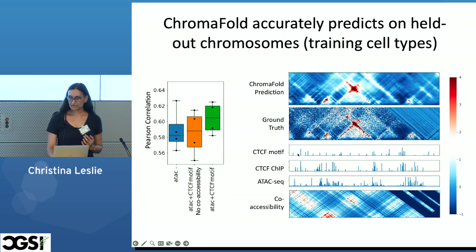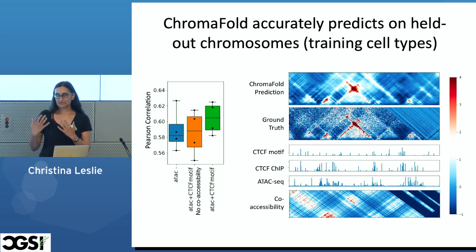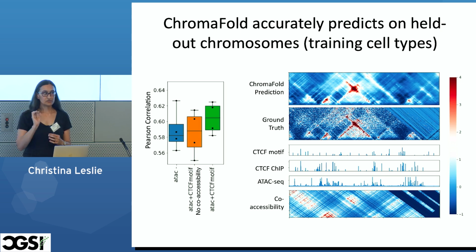This is the CTCF motif. This is CTCF ChIP-seq, which we don't use, but just so you see it, the ATAC pseudobulk and the co-accessibility, which is very noisy. If you look at this, you see this signal is learnable. So this accuracy is pretty good and pretty usable.